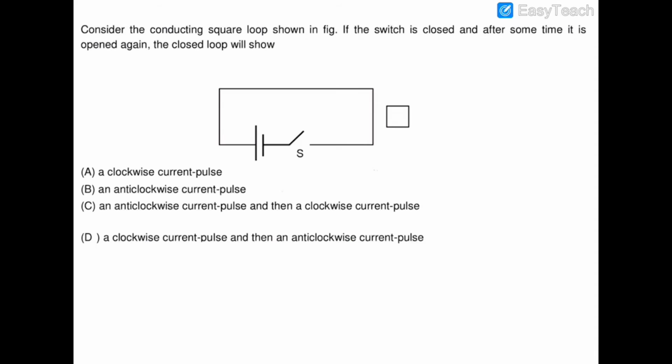In this question, there is a circuit you can see in the diagram, which contains a switch and a battery, and the switch is initially open. There is a square loop placed in the same plane as the circuit and nearby, and we have to find the direction of induced current in the square loop when firstly the switch is closed and after some time the switch is opened.